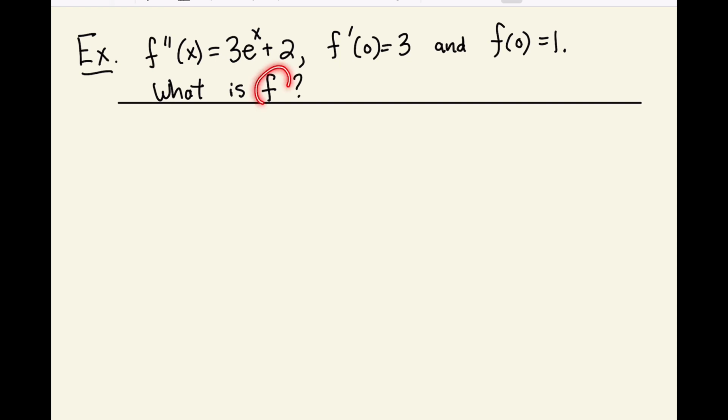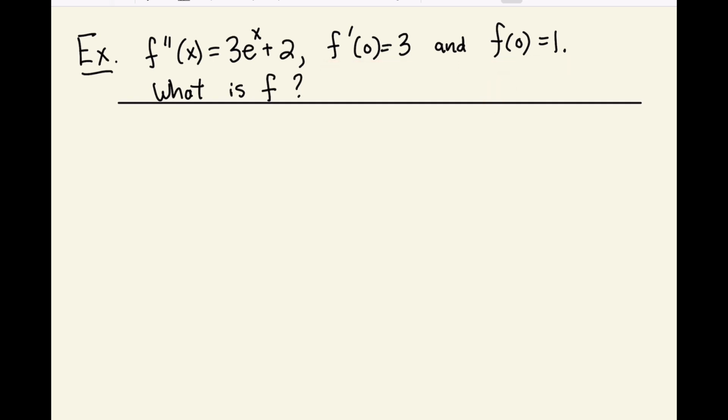And our goal is to find f. Now, you can see that clearly f is an antiderivative of f prime, and clearly f prime is an antiderivative of f double prime. And these conditions we're given here are going to allow us to find constants.